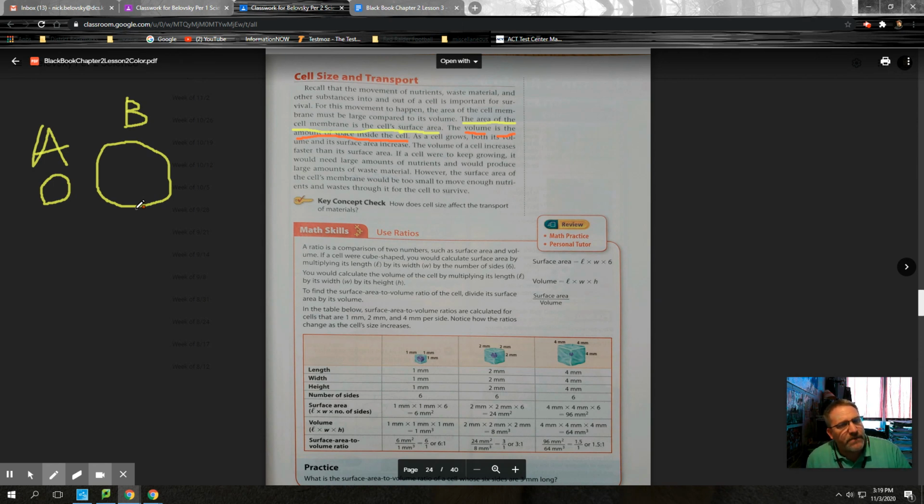Well, believe it or not, it's the auditorium. The auditorium is a much bigger room. When you include the seating area, the stage area, and the tall ceiling, which is taller than the gym, it has more volume of air in it. So that is the answer to number 26. Volume is the amount of space inside the cell.